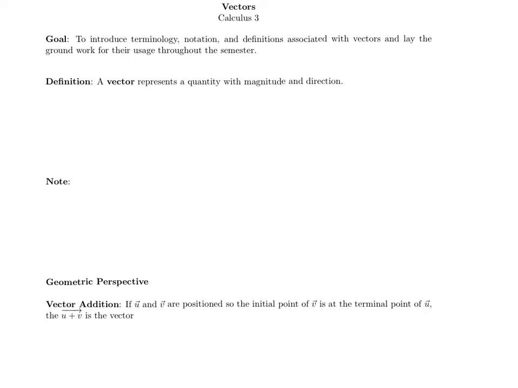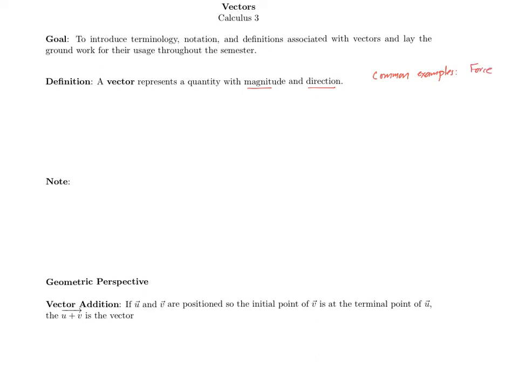So to begin, a vector simply represents a quantity that has both magnitude and direction. And the common question I would ask you if we were face-to-face in class is, give me some common examples where you've encountered vectors in other classes. Typically the responses that I would get immediately, we would think of a force as something that requires a vector.